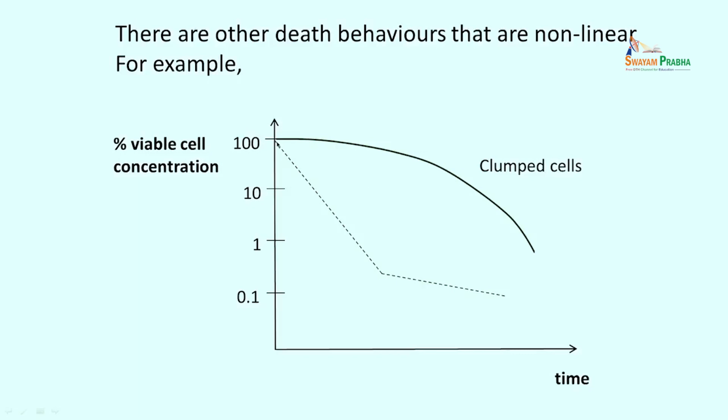As you can see, it is represented as two lines from 100 to let us say 0.2 or something like that. It is one line, and then there is another line here with a different slope compared to this. When do you think such a behavior would be seen? We have already seen that this happens in a suspension of single cells. Only thing is that we have two lines with different slopes.